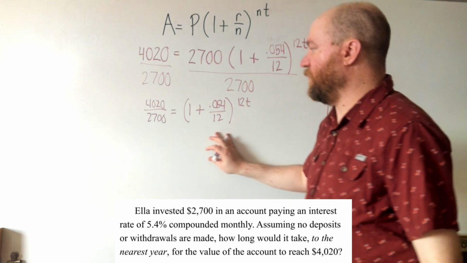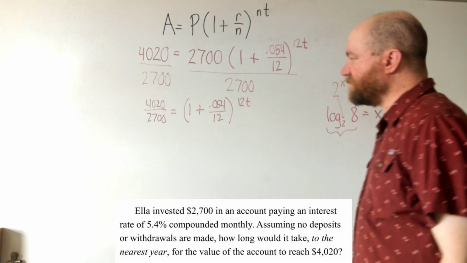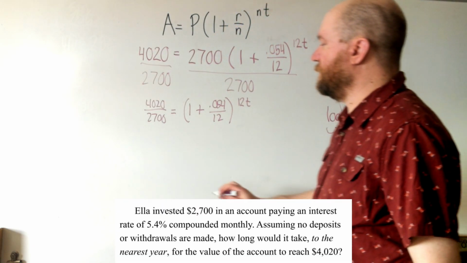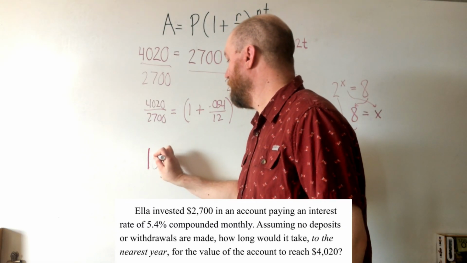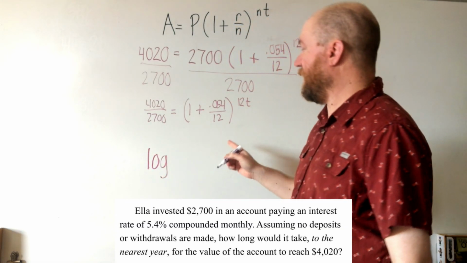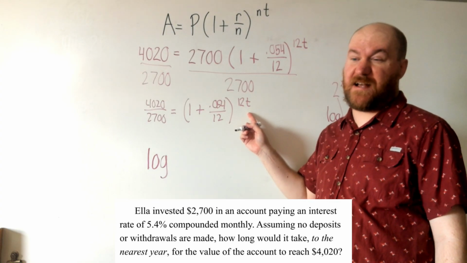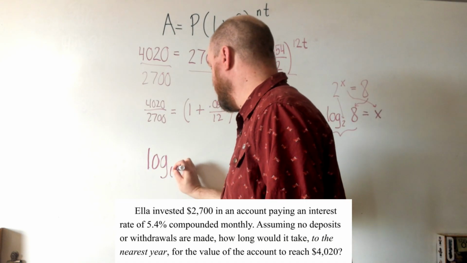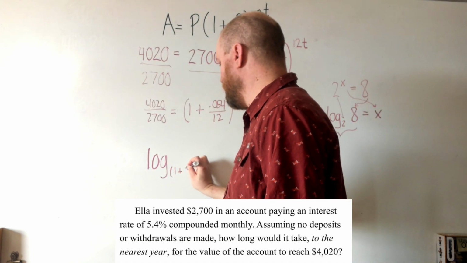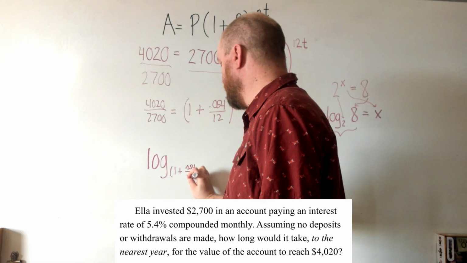So let's do a similar setup over here. Log, the base of the log is the base that the exponent is attached to. So all of this goes in the log base: 1 plus 0.054 over 12.